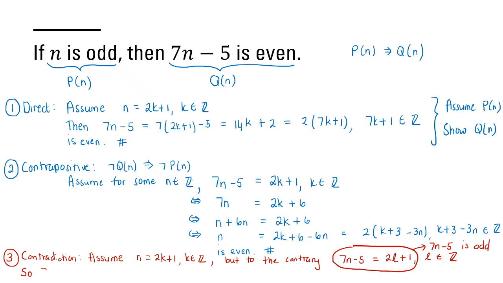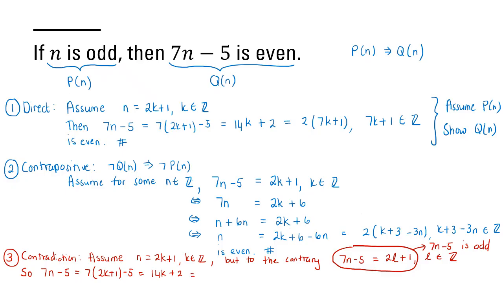We are going to expand on 7n minus 5, very similarly to what we did in the first proof. We are going to take our n, which we've assumed to be odd, and plug it in. Now 7n will be equal to 7 times (2k plus 1) minus 5, and then we get 14k plus 7 minus 5, which is plus 2.